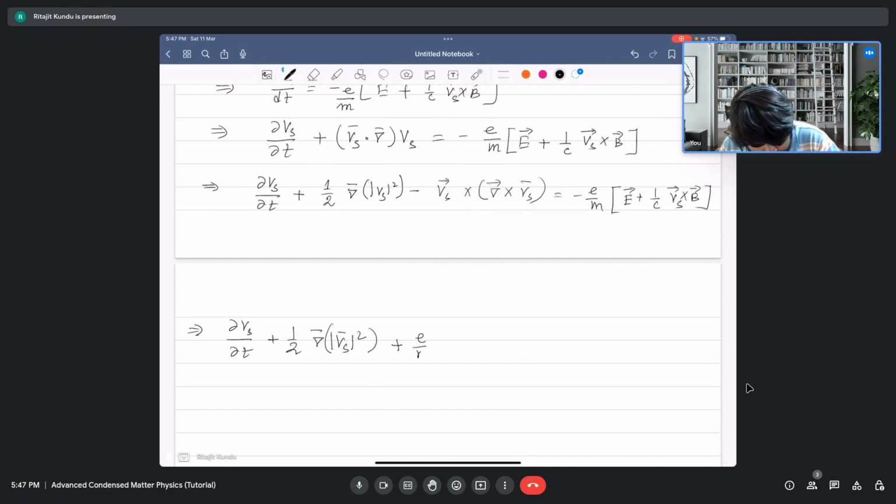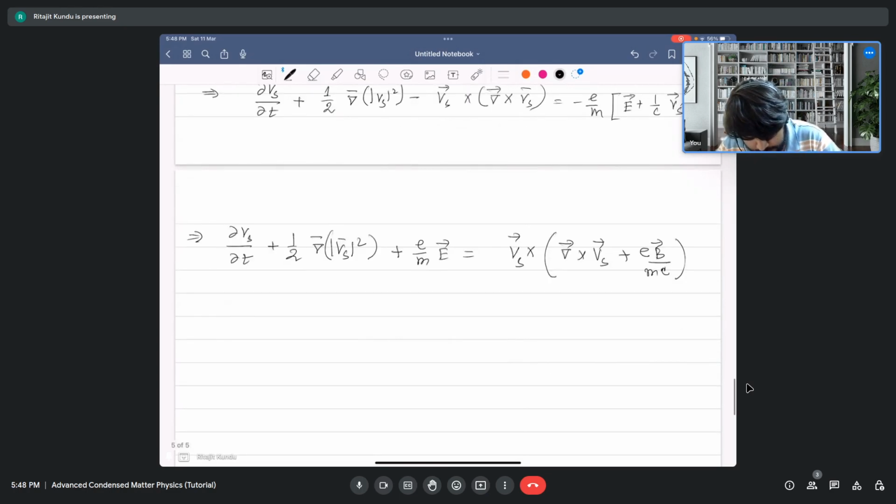Plus E by M vector electric field E is equal to Vs cross grad of curl of Vs plus B by MC. Yeah, so that's fine.